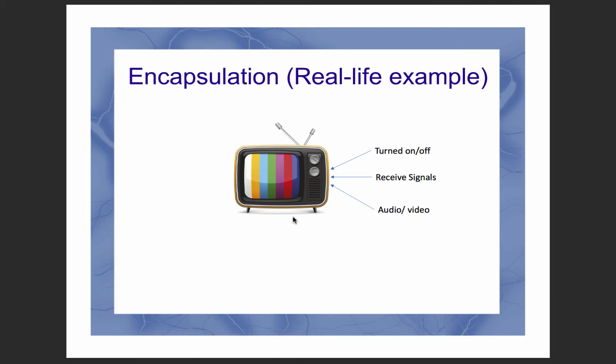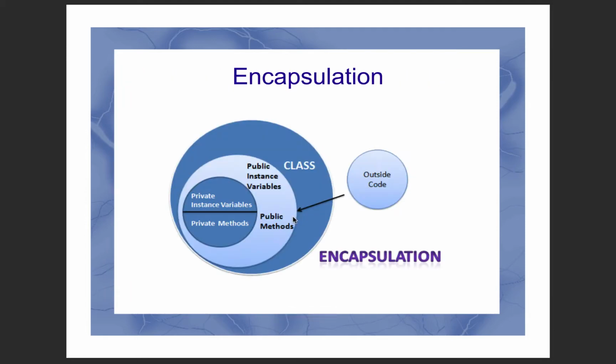Similar to the television, we use the turn on and off button, the receive signal button, and the audio and video adjusting buttons to manipulate all the fields inside the television. Now let's consider the encapsulation concept in Java programs.